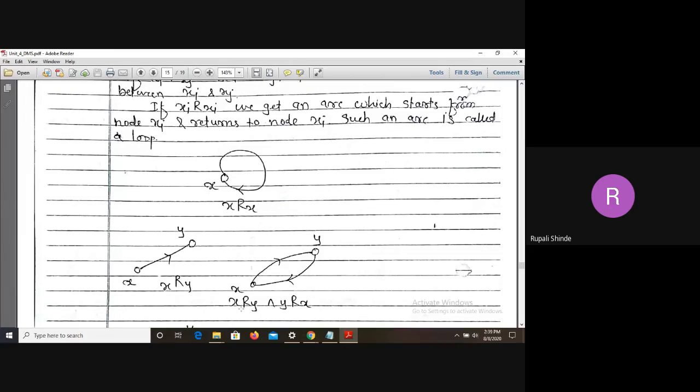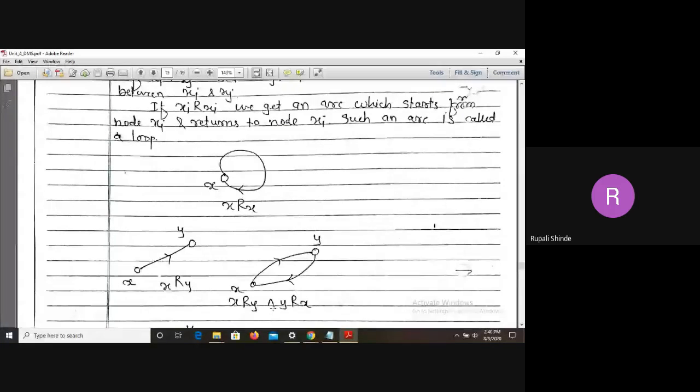Next, it is given that x is in relation R with y and y is in relation R with x. So again two elements are present, x and y, and we have to represent them with the help of circles. First, x is in relation R with y, because that R must start with x and end with y.